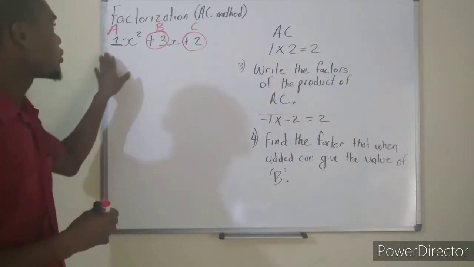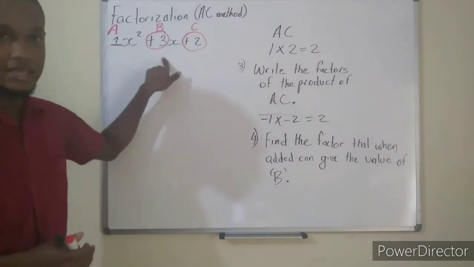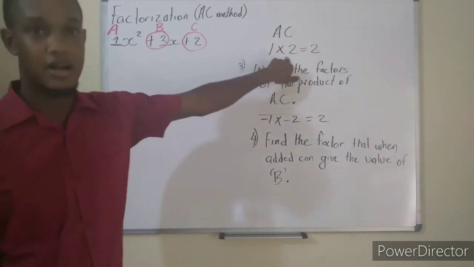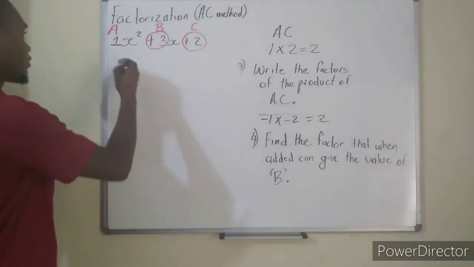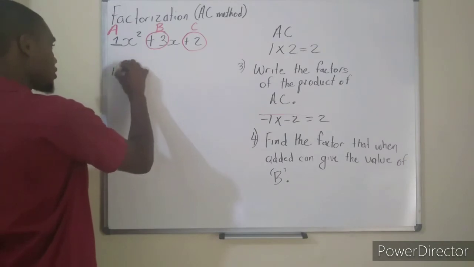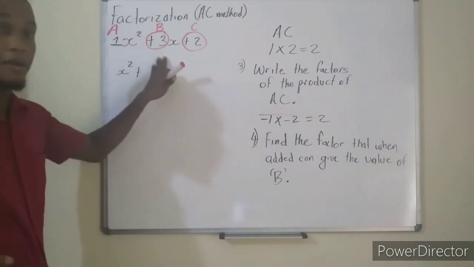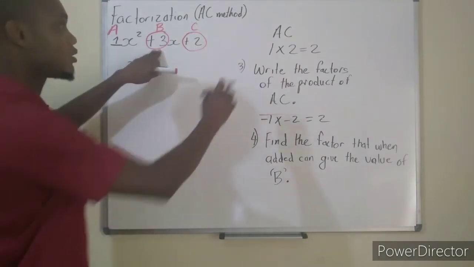So it means now that you are going to go on to step 5. Step 5 means you are going to rewrite your expression, replacing B with the new factors. So you would write your x squared, and you can put your 1 on it if you want. So x squared plus, remember now we are going to replace B with its factors.